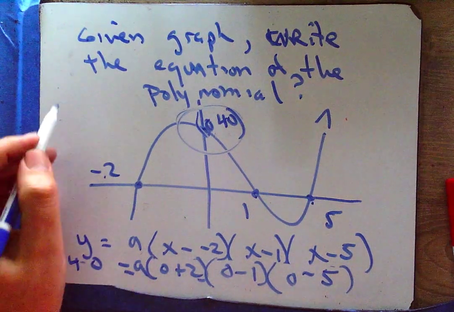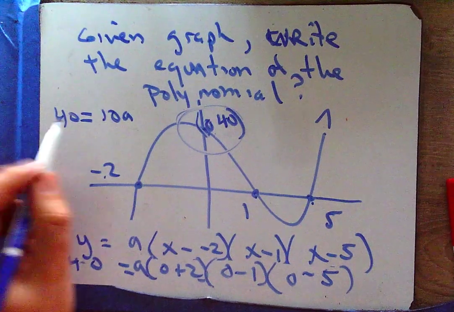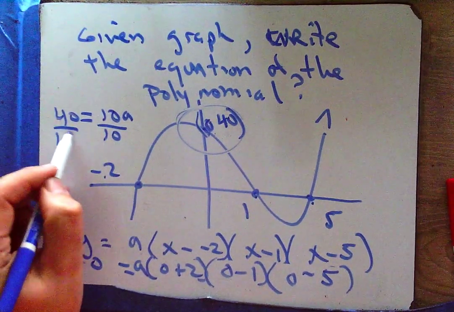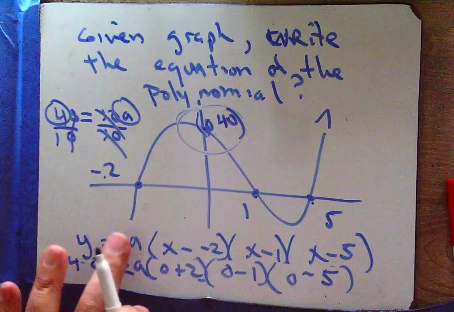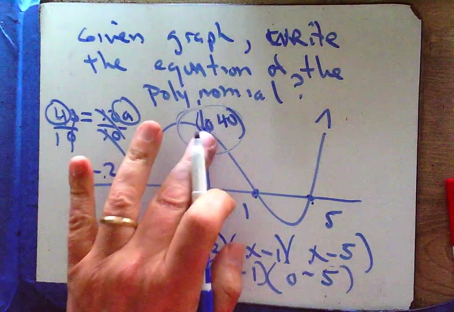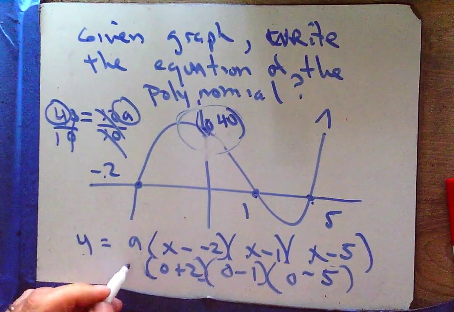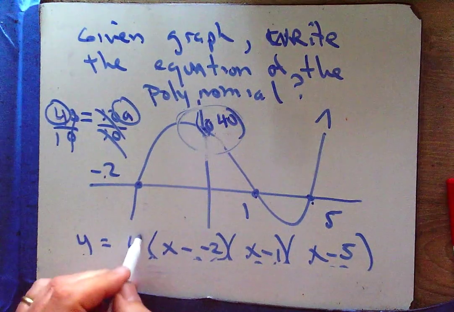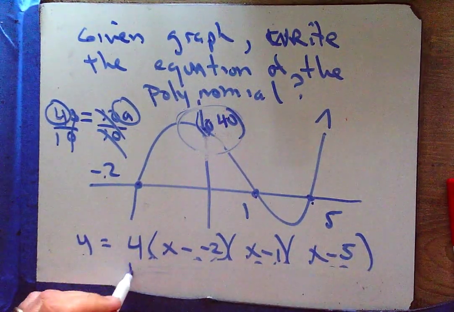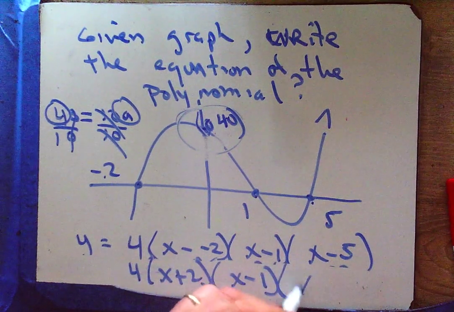I get 10a equals 40. And then when I divide both sides by 10, I get that a equals 4. And so in this situation, I have to have 4. And oops, not that one, this one. And so there we go: 4, x plus 2, x minus 1, x minus 5.